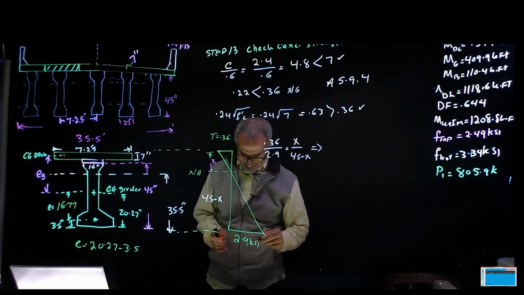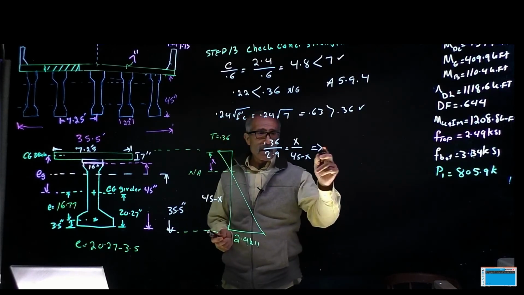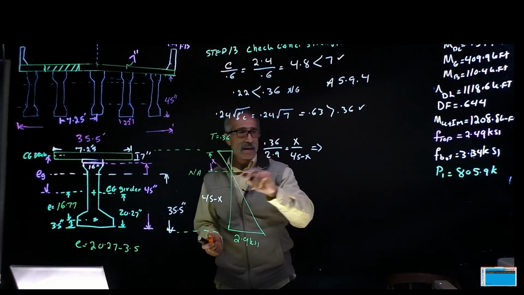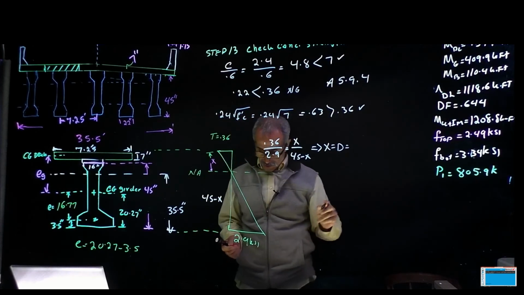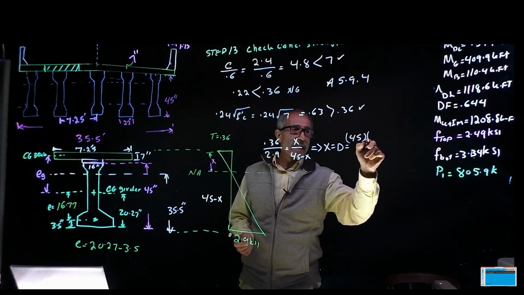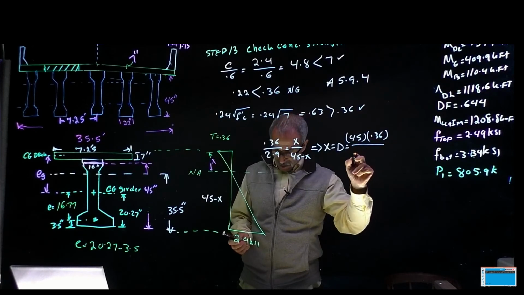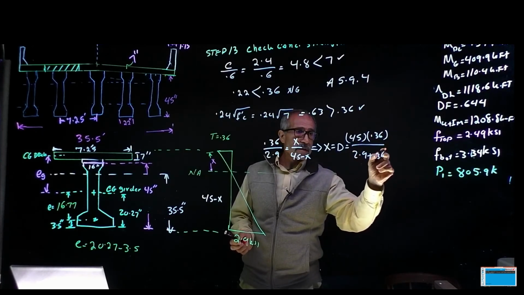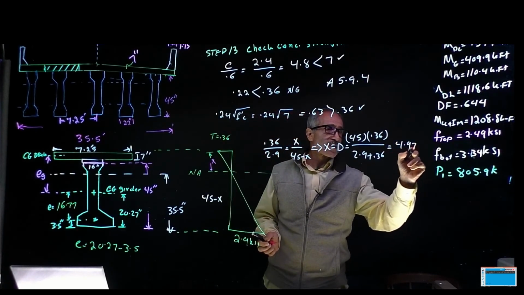If you solve this equation, your X, which I'm going to call the depth, is 45 times 0.36 divided by 2.9 plus 0.36, and that comes out to 4.97 inches.